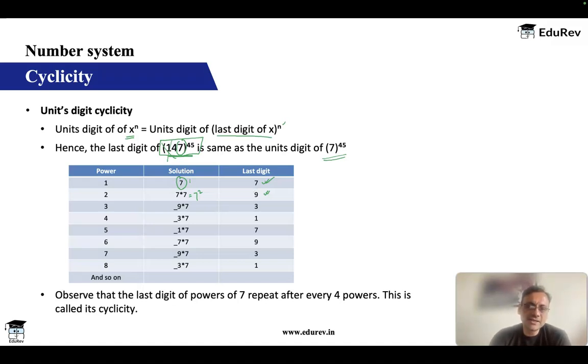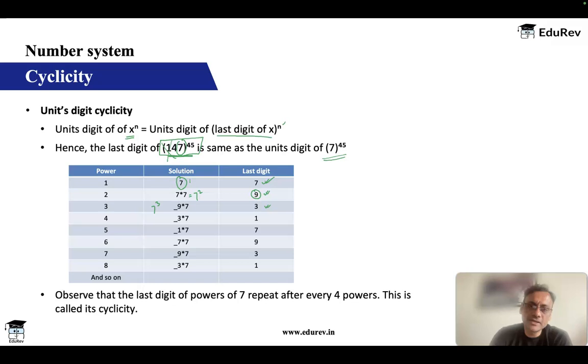Then 7 cube. Now 7 cube I can calculate in 2 ways because I'm calculating only the last digit. One way is to calculate 7 cube, which is 49 into 7, which is 343. That is slightly more complicated because then for 7 to the power 4, 7 to the power 5, you'll find it difficult. Rather, an easier method is that for 7 square, you know that the last digit is 9.